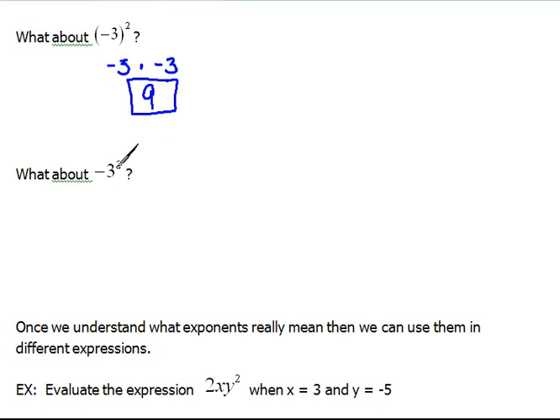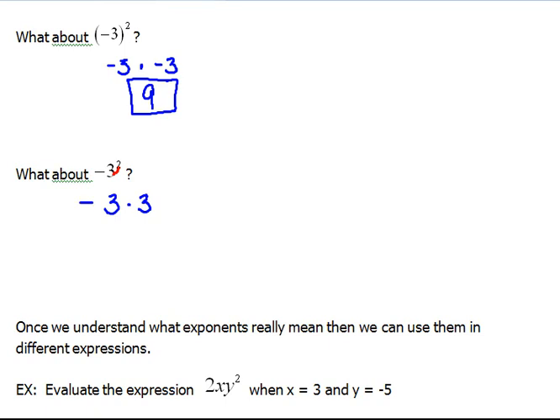In my classes, I always say a little saying that I stole from a friend: if this exponent were to grow an arm and reach out and touch something, the first thing that it would touch would be the 3. That tells us that it's actually the 3 that's being affected by the exponent. It is only the 3 that is being squared, and then the negative is on the outside of that.